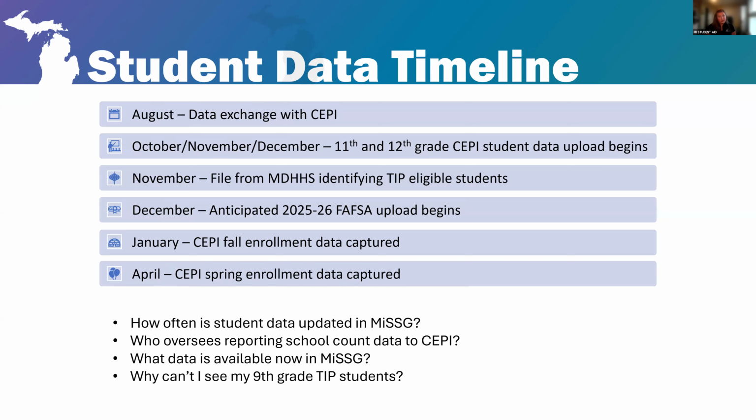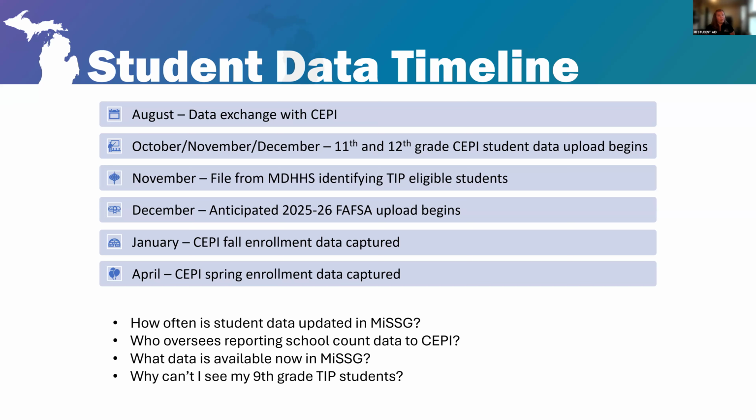So, of course, once this has happened, we'll make sure that we're sending out usually one of our email blasts letting you know that updates have happened and that info is in there. And what we anticipate is that you're going to go in, after this data exchange has happened, and see even more of your 11th and 12th grade students listed.